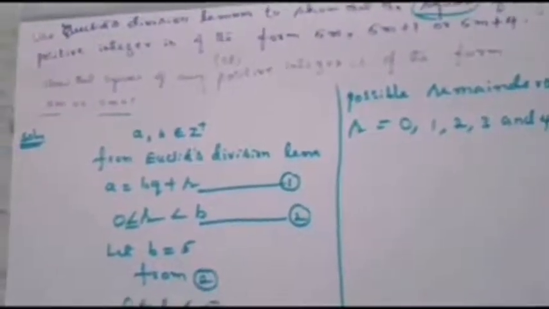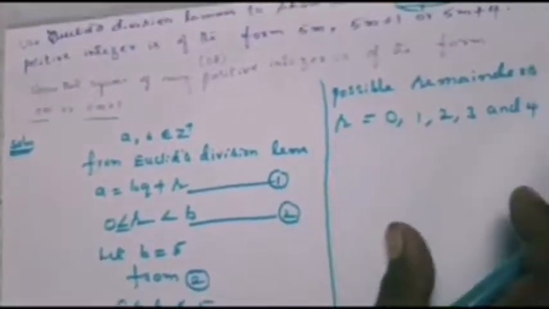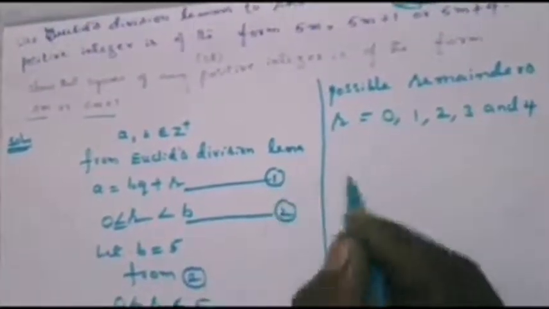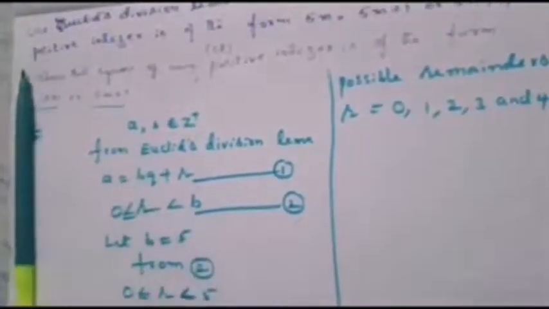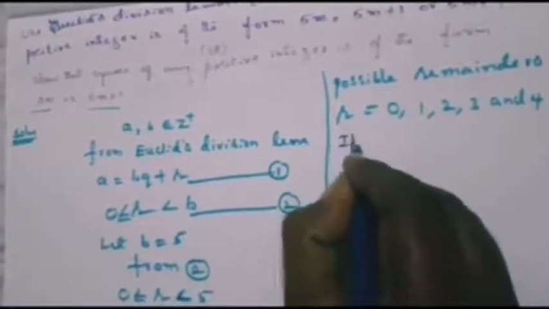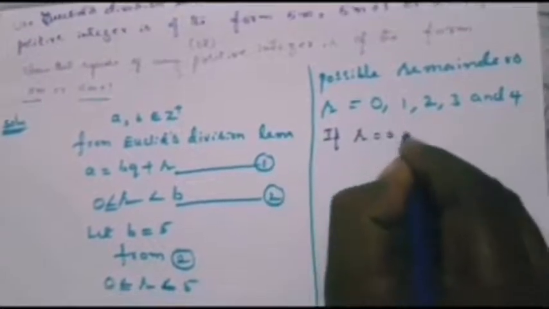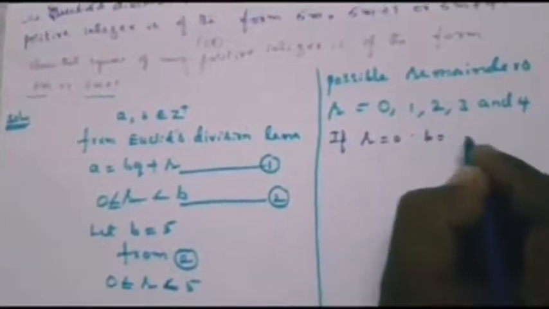Okay. So now if r equals 0, b equals how much?